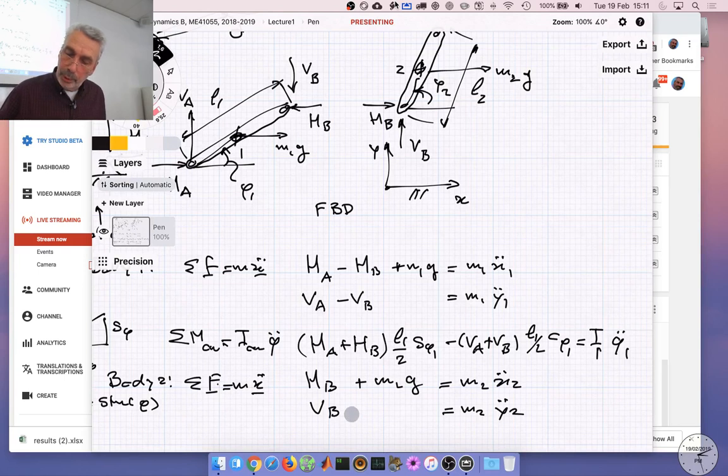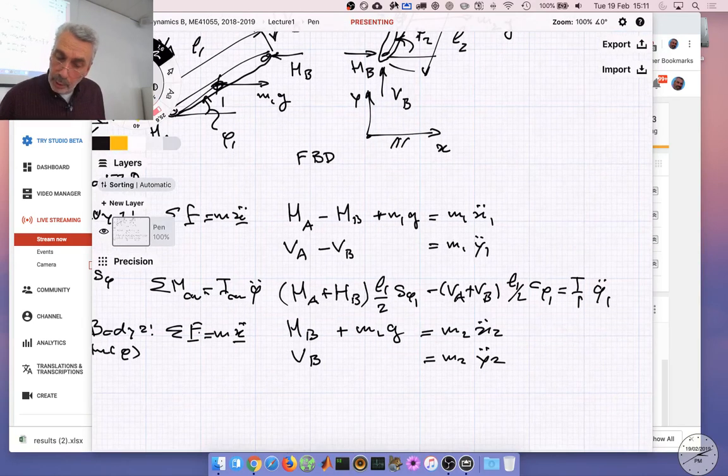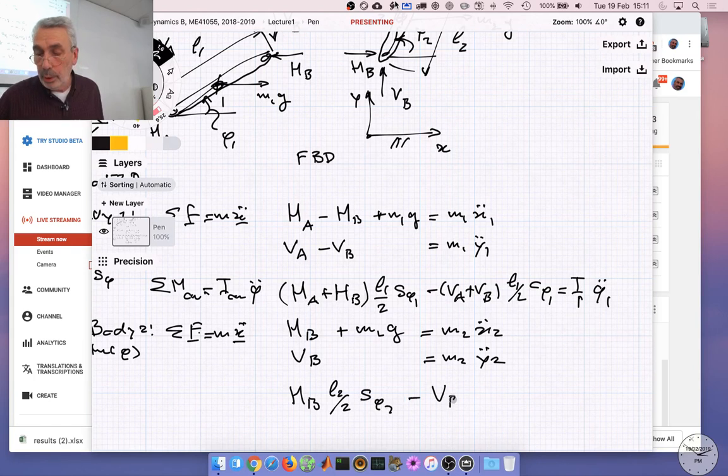This is a simple equation. And then the torques, well, again we have the horizontal working in this direction and the vertical in the counter direction. So it's the horizontal force in B, L2 over 2 times the, again, the sine phi 2 minus vertical in B, L2 over 2 cosine phi 2 is I2 phi double dot 2.